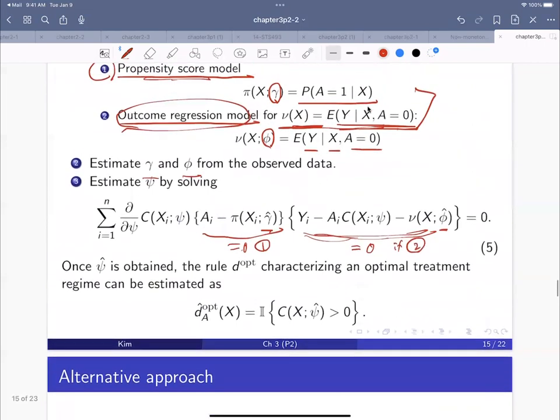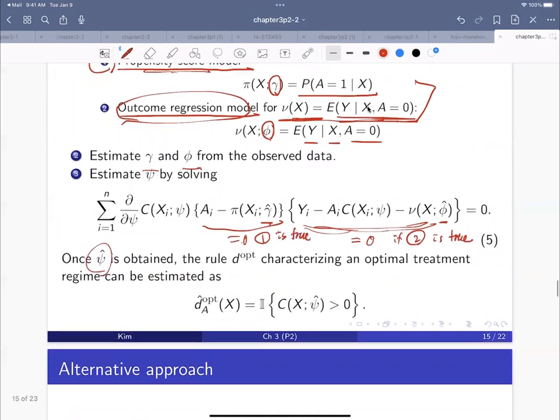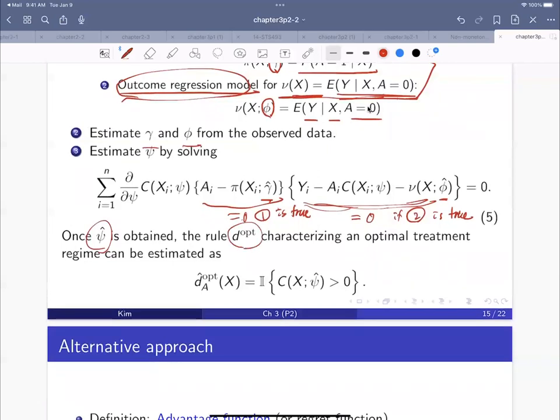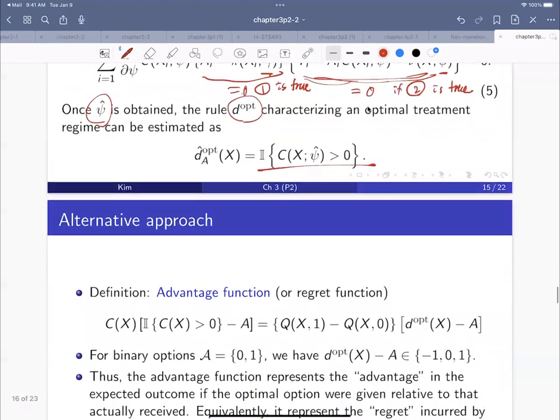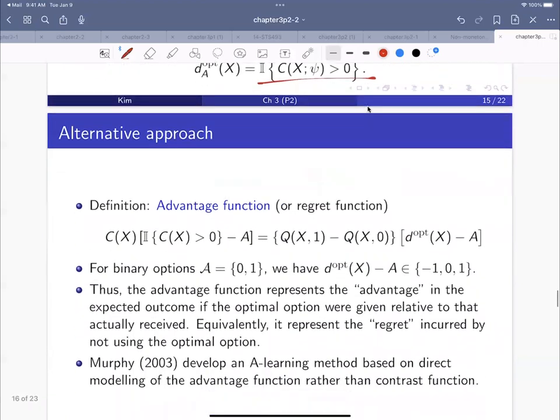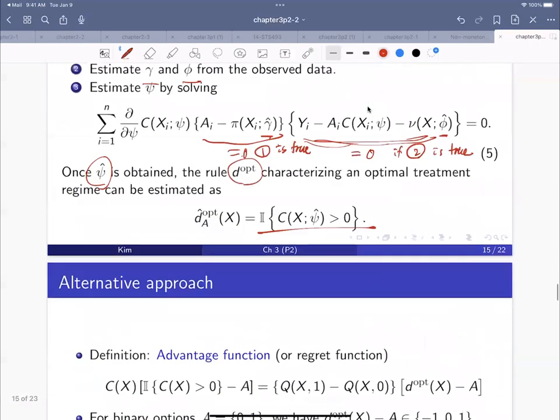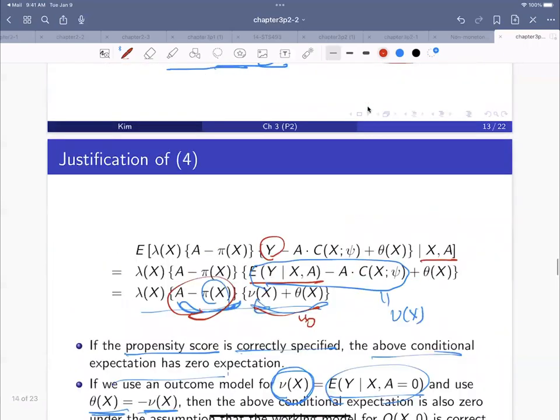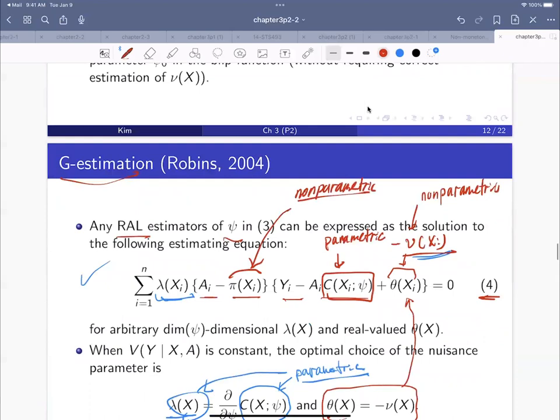Okay. Once psi hat is obtained, the optimal treatment regime can be characterized and estimated by this. That's a very, very useful result, right? And that is the famous G-computation, G-estimation method of Robins.